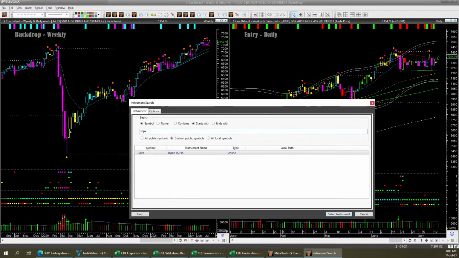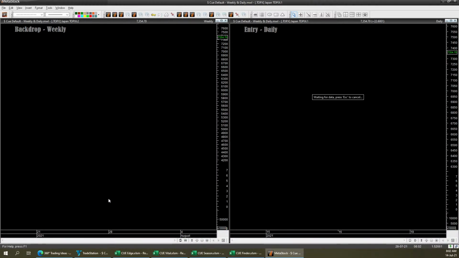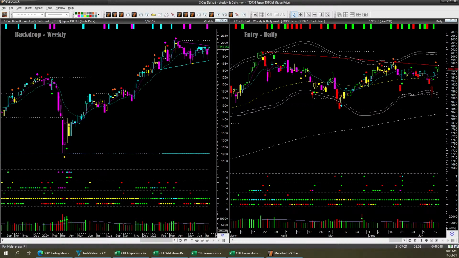Topix, the Japanese market, is also moving sideways. Weekly is bound by resistance trend line, support trend line.